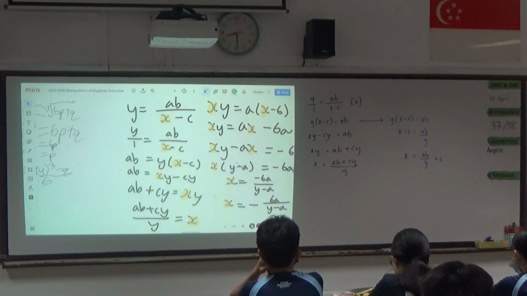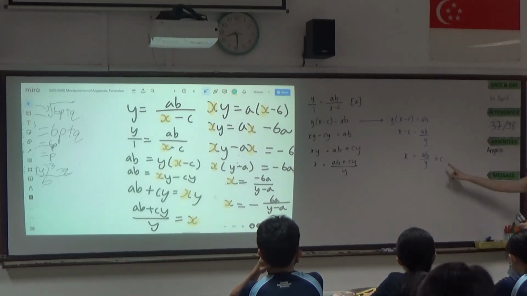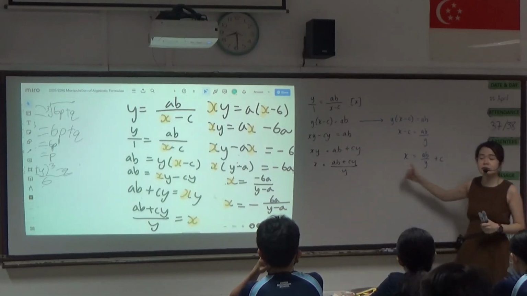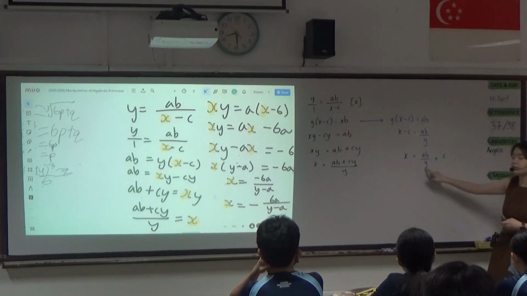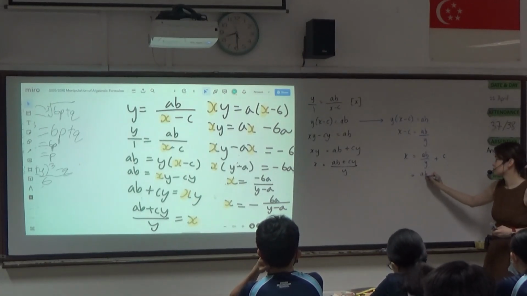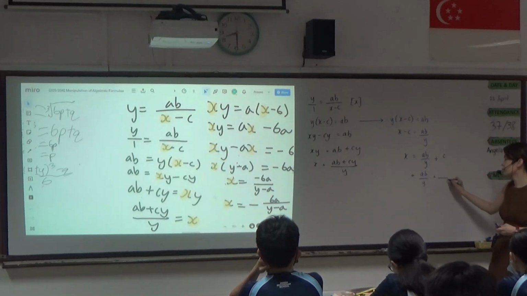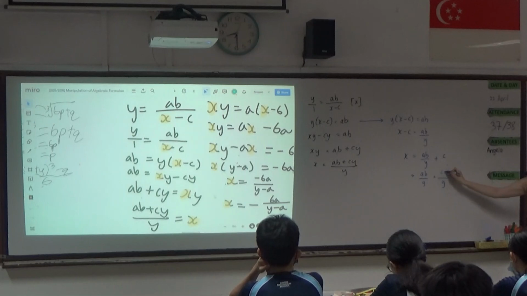Now you might be wondering, how are they the same? Actually they are the same because if you think about making the same denominator, this is c over 1. In order to make this have a denominator of y, I need to multiply another y on the numerator.